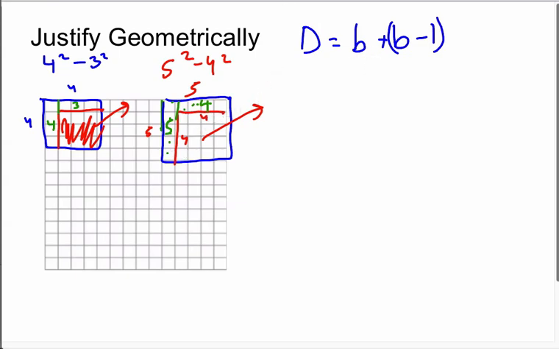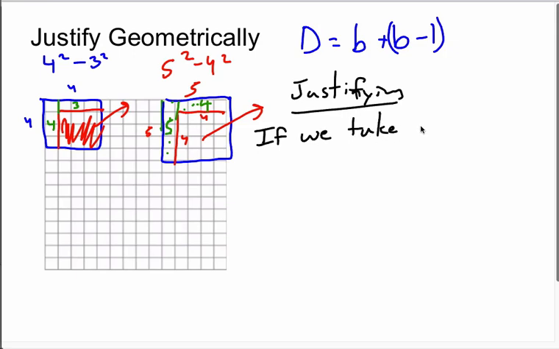And the key is when you're justifying, you want to draw the nth diagram. In this case, maybe I'll call it the bth diagram. So just justifying. Okay, so let's start off by saying if we take a b by b square.